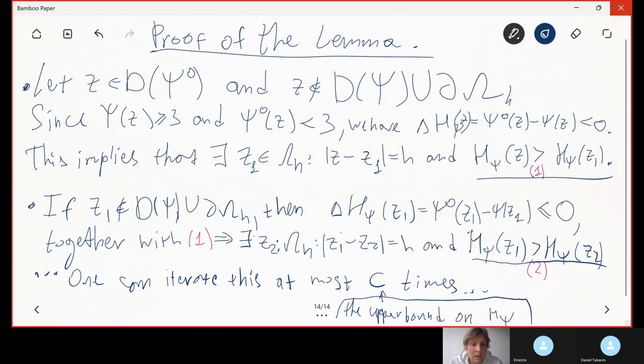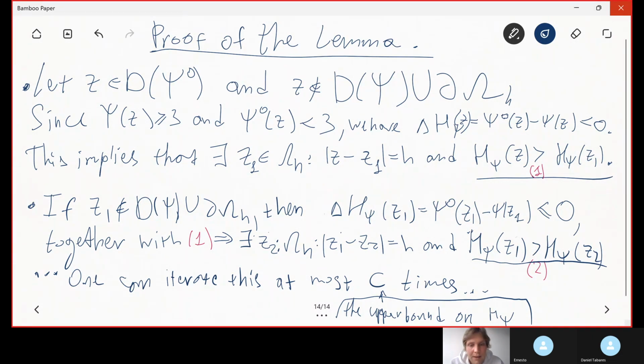So if again this new neighbor doesn't belong to the original deviation locus and the boundary, then again its Laplacian is non-negative. Here we have no knowledge about z1 belonging or not to the deviation locus of the relaxed state, but we know that in the relaxed state it's less or equal to 3, and in the original state it was greater than 3, maybe it was 3, so it's non-positive.